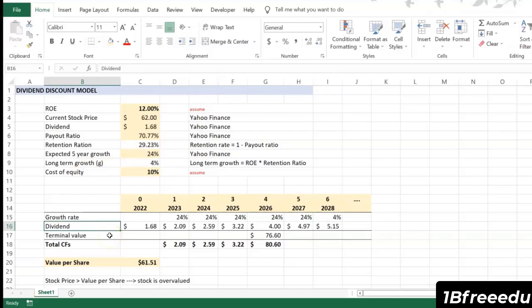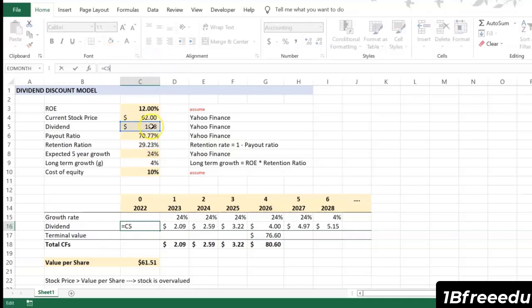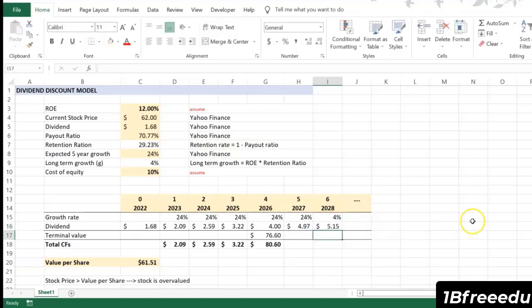And then we can attach this growth rate to our dividend. So in year 0, we have the dividend, which is $1.68. And then for each subsequent year, we just multiply the dividend from the year before with the growth rate for that year. And as you can see, the dividend from the year 5 will not grow by 24%, but rather with 4%, and so on.